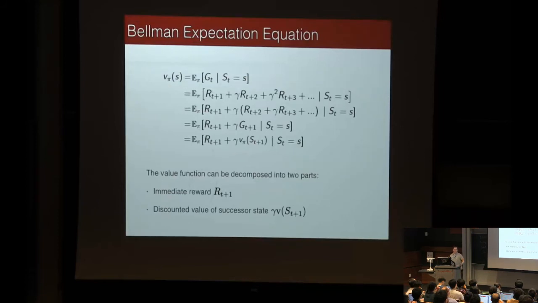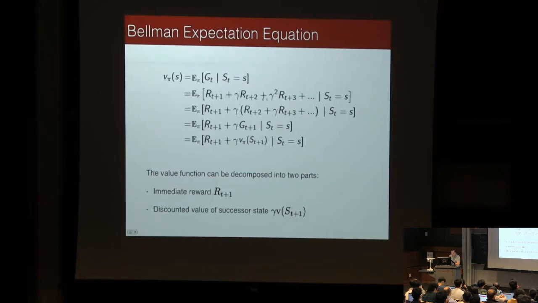Now, a lot of these definitions are going to be based on Bellman equations, or the Bellman expectation equation, which has the following structure. So let's look at it a little more carefully. The value of the state is the expectation of the return, starting in a particular state s. This is the definition, right?